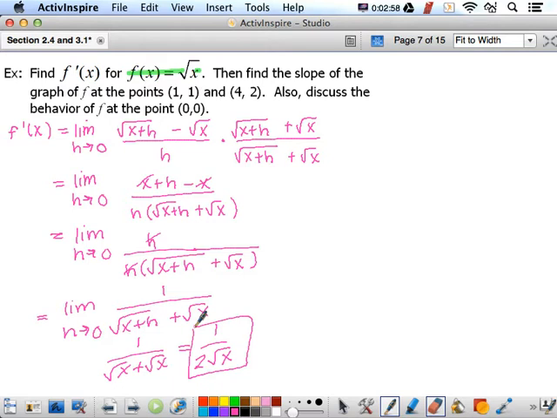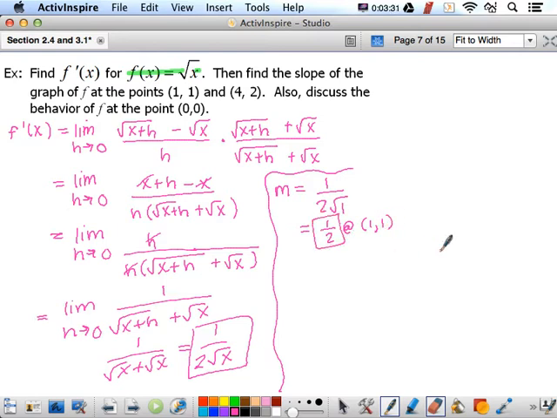Okay, now what we want to do is find the slope of the graph at the points (1, 1) and (4, 2). So now that I have my derivative, I can convert it to slope by simply substituting in the number that I want to find the slope at. So I want to find the slope at the point (1, 1), so I'll substitute 1 into the derivative, and that will give me 1/2. So the slope is positive 1/2 at the point (1, 1).